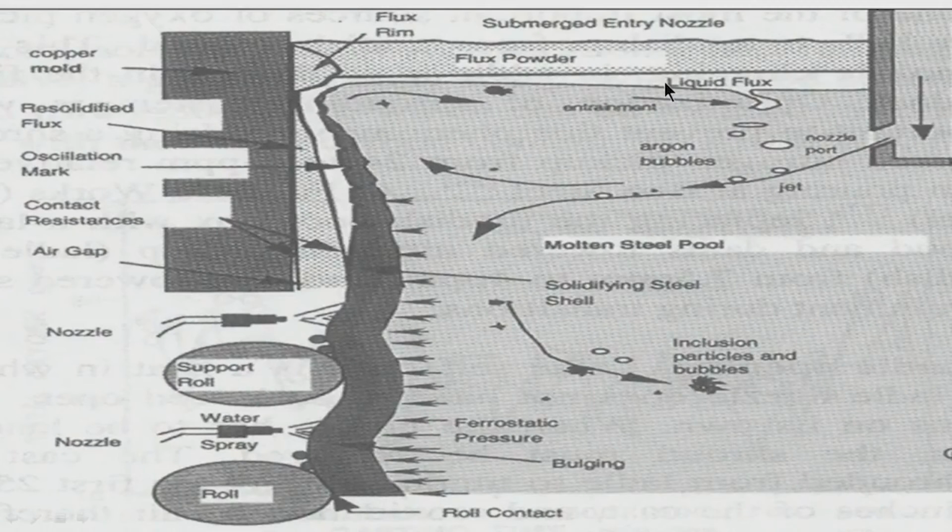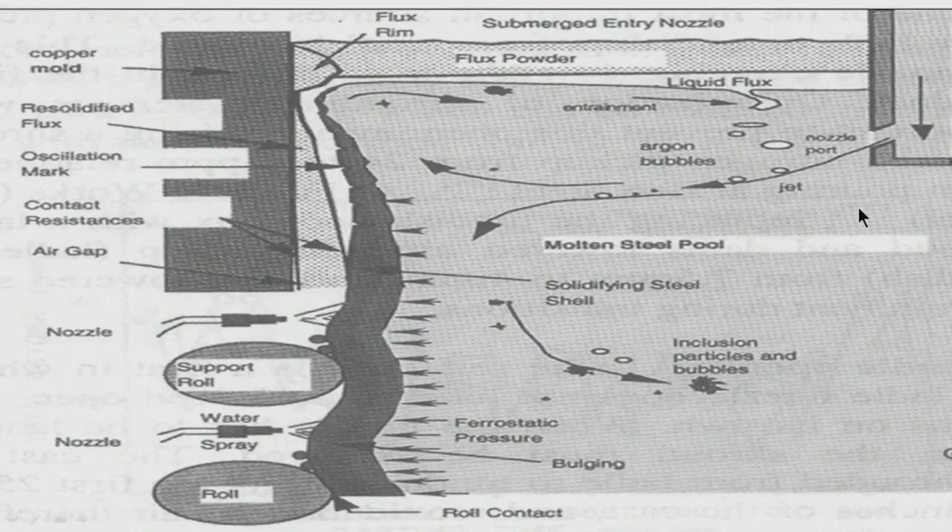Otherwise, if the turbulence is much, then there is a possibility of entrainment of the liquid slag at these locations. There is a possibility here, here it is shown. So, the turbulence in the liquid steel within the mold is very important.